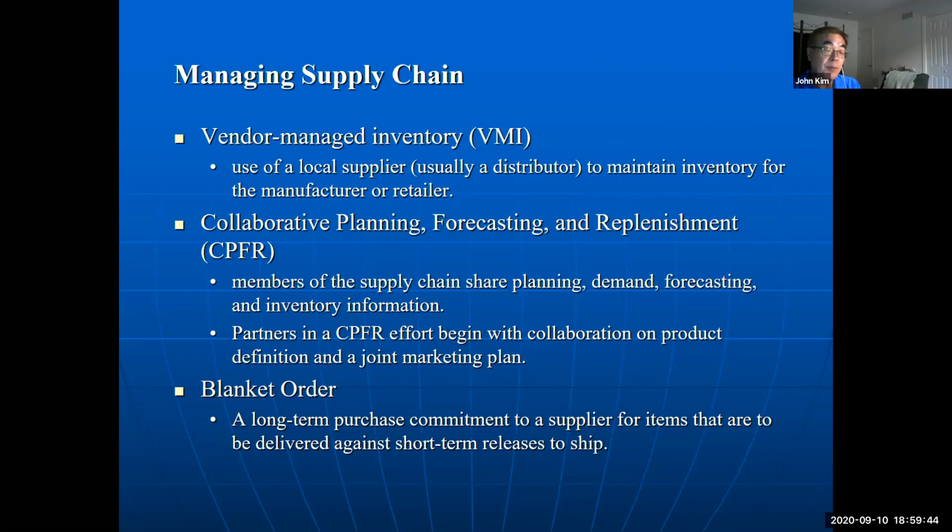So inventory cost is high. That means overhead cost is high.